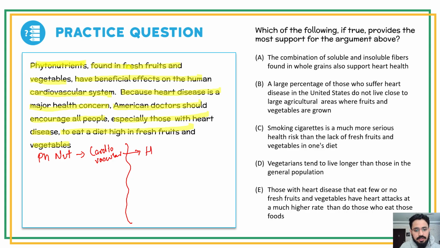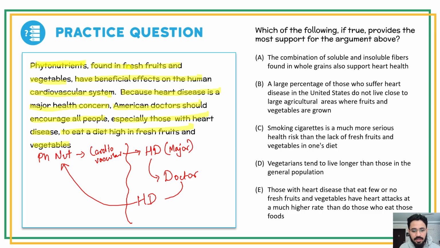So, because heart disease is a major problem, I'm just taking notes in my own borderline Aspergic way. Heart disease is a major health concern. Doctors should be encouraging people, especially those with heart disease, to eat a diet high in phytonutrients. Okay, now which of the following, if true, provides the most support for the argument above?